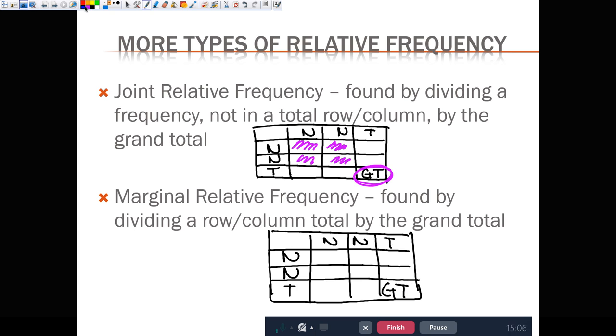And this is where we are comparing the total rows and columns to the grand total, the margins of our paper, okay?